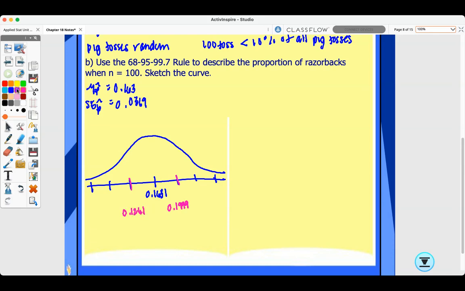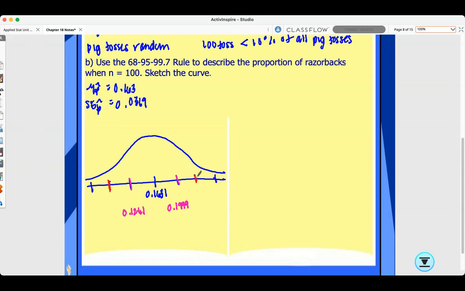And then next we're going to do 2 standard deviations. So I'm going to use red to color code this, so that I'm not squeezing everything in here. I would add another standard deviation to 0.1999, and I'd get 0.2368.